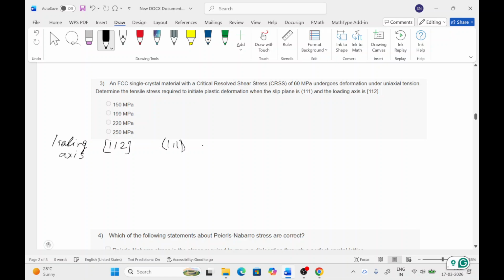So for this slip plane, the slip direction will be 0 bar 1 1. So first we calculate the Schmidt factor.